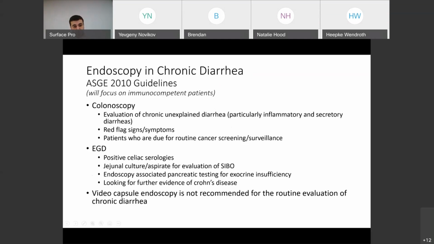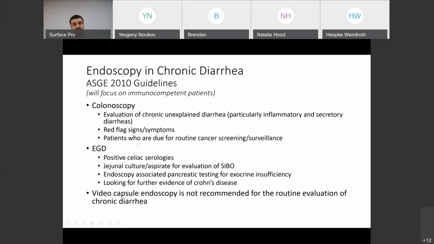And then if a patient has red flag signs or symptoms, they'll get one for sure, no matter what their age is. And then patients who are due for routine cancer screening or surveillance can also be worked up for diarrhea with a scope. So if they're 50, they've never had one before, you send them for a scope for screening, and you also get biopsies for microscopic colitis, and you rule out other things.